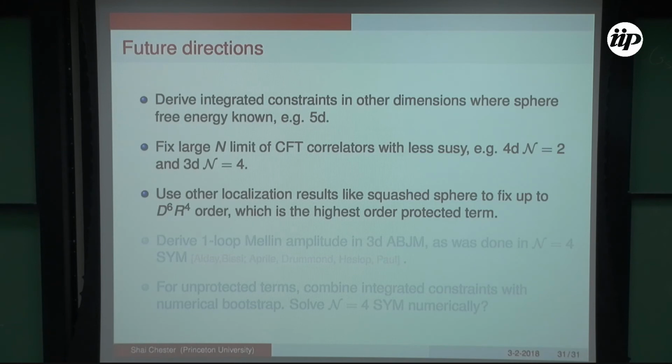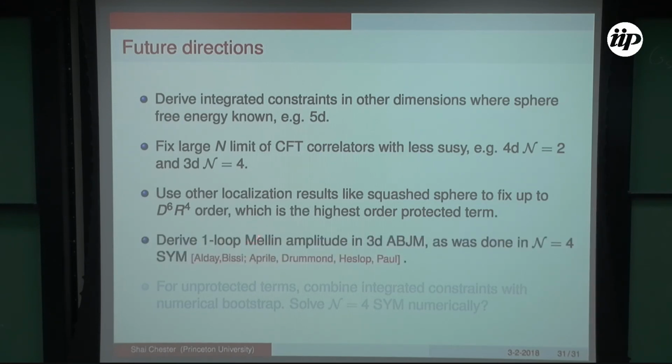So we could do this in both 3D and 4D, and the expectation is that this additional protected quantity should be enough to actually fix the CFT all the way up to D to the 6 R to the 4. But we even have an expectation that it should be precisely enough. Because in the case of 3D, remember we needed 1 more parameter to go to D to the 6 R to the 4, and this is the 1 more parameter we would get. And so this is something we'd like to do in the future, so we'll be able to match all of the known M theory terms.